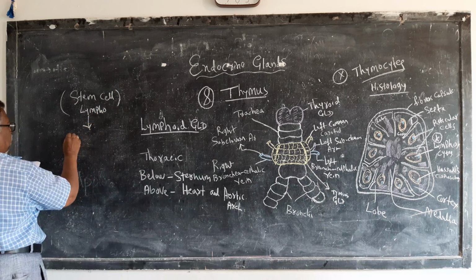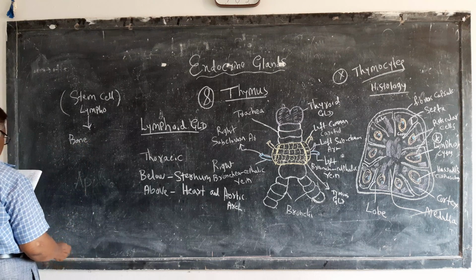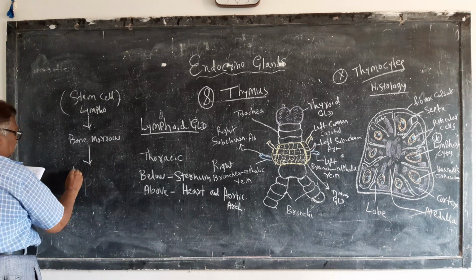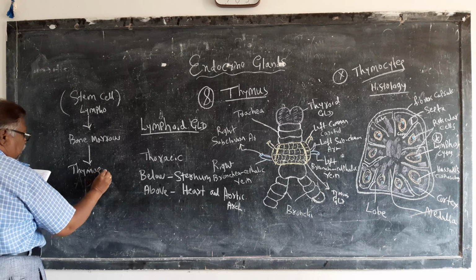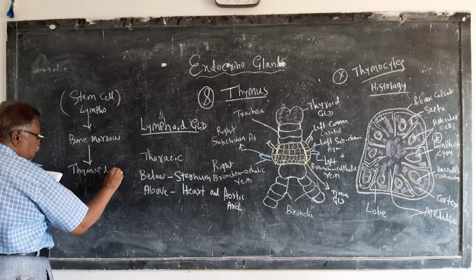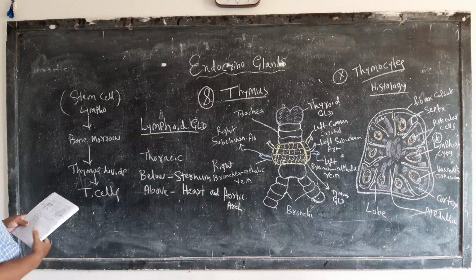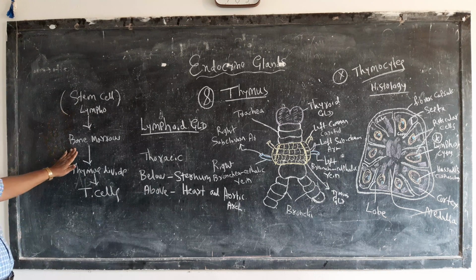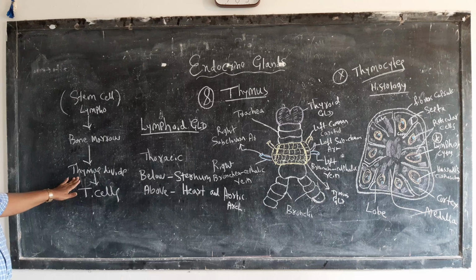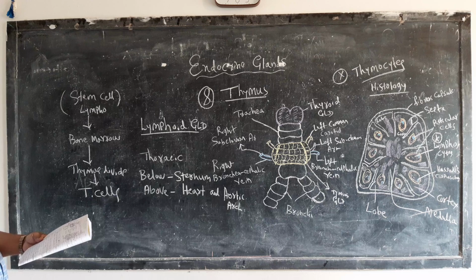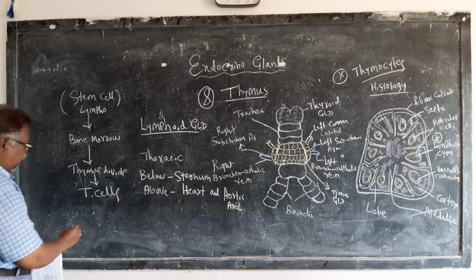So the stem cells of the lymphocytes which are present in the bone marrow travel to the thymus gland in the blood flow, and they divide and redivide to form the T cells, or the T lymphocytes.